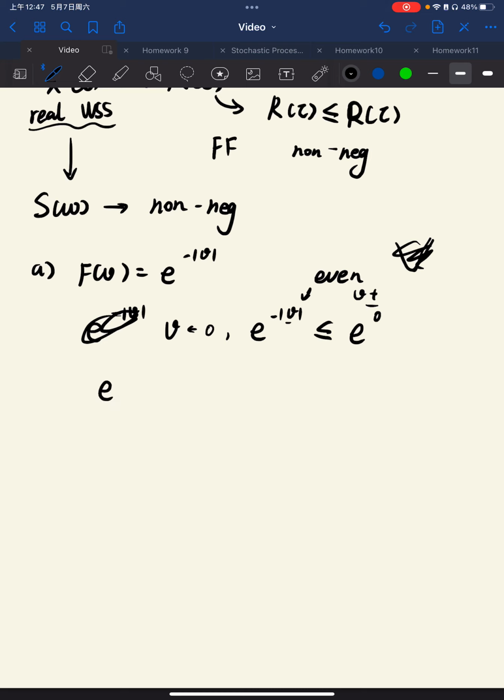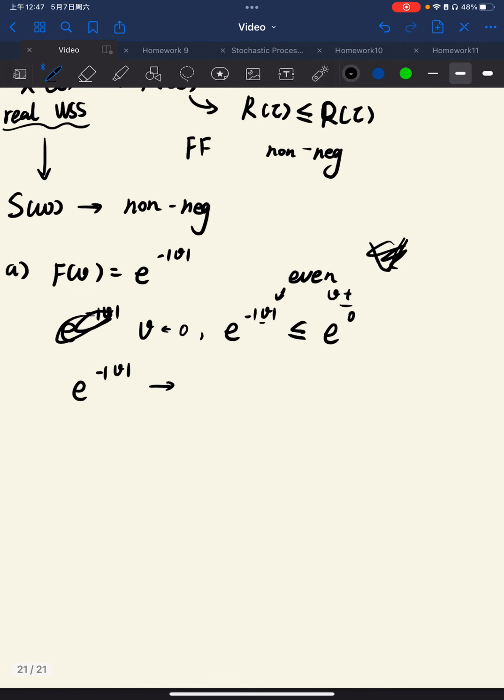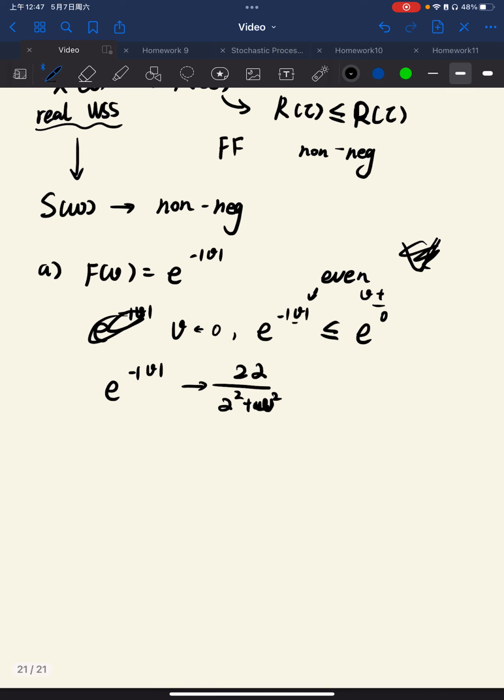And e to the power of negative absolute value of v has Fourier transform 2 alpha over alpha squared plus omega squared. It's also non-negative, so we can see that this one can represent our autocorrelation function of our process.